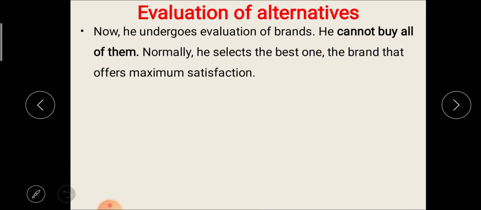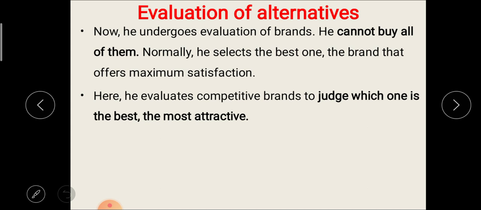So in this evaluation of alternatives, the consumer undergoes the evaluation of brands. The consumer cannot buy all the items at a time. That means the consumer selects the goods among the alternatives. Normally he selects the best one and the brand that offers maximum satisfaction.